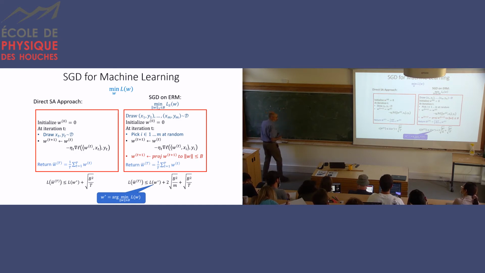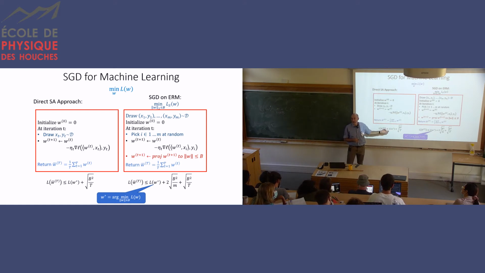Maybe better to write what f of W star is. So L of W star is the minimum possible loss I can get for a predictor of bounded norm. So this is what I want to compete with. And the bigger the norm, the harder it is to compete with it, so the bigger the norm, I'm going to need more samples or more iterations.